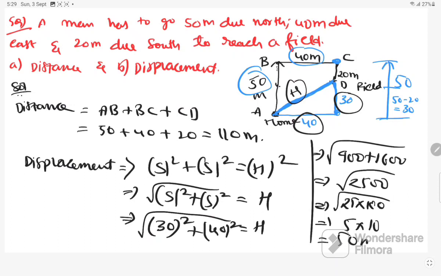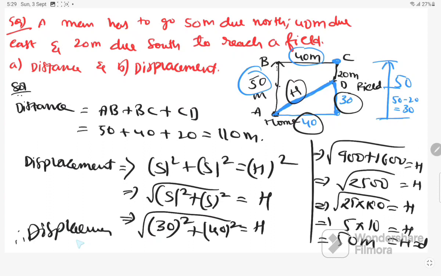So the displacement is 50 meters. The hypotenuse is 50. Hypotenuse is nothing but displacement here. Is it clear, everyone? So therefore the displacement covered is 50 meters. Getting the idea with this point, everyone? Right? So hope the things are very clear to you. Observe for a while.